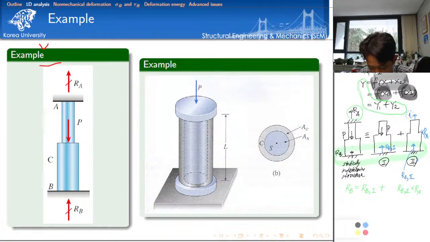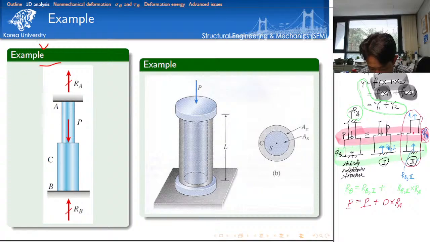So how about here? If you look at the middle point, then the downward P is equal to downward P plus, there is no external force here, 0 times RA. So make sure that the overall structural system of system 2 is scaled by RA here. So this is the same.